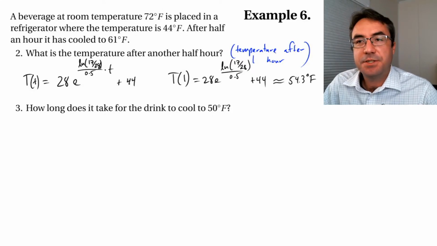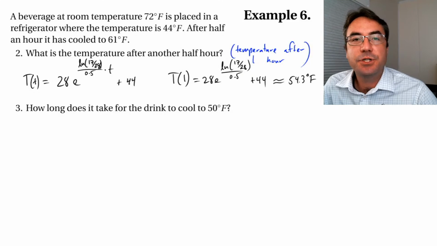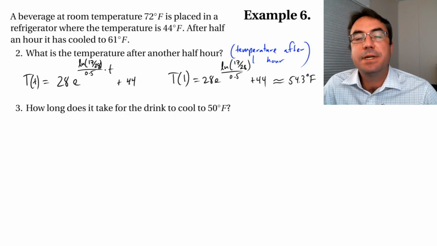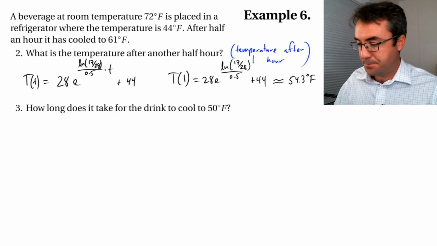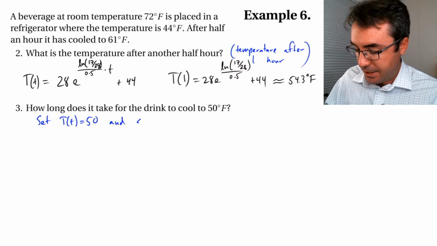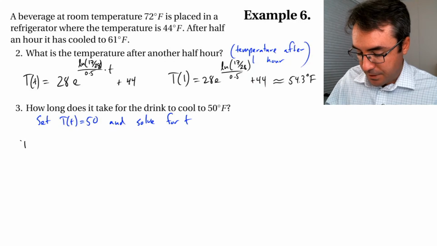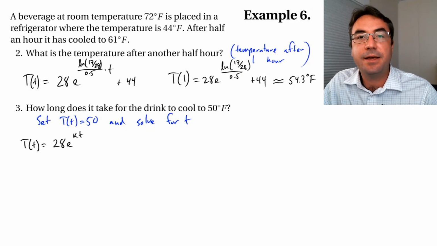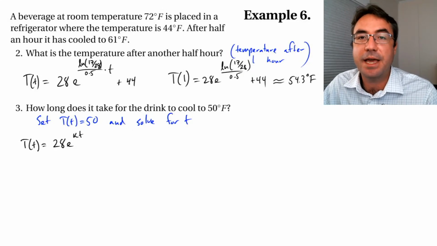All right, so let's use this formula now, this function capital T, to make another prediction. How long it would take our drink to cool down to 50 degrees Fahrenheit. And so to answer this, we're going to set our temperature function equal to 50 and solve for T. So our temperature function is 28 e, and to make it a little bit easier, I'm just going to leave it as K. We know what K is, so once we actually solve for T, I'll plug the K value in.